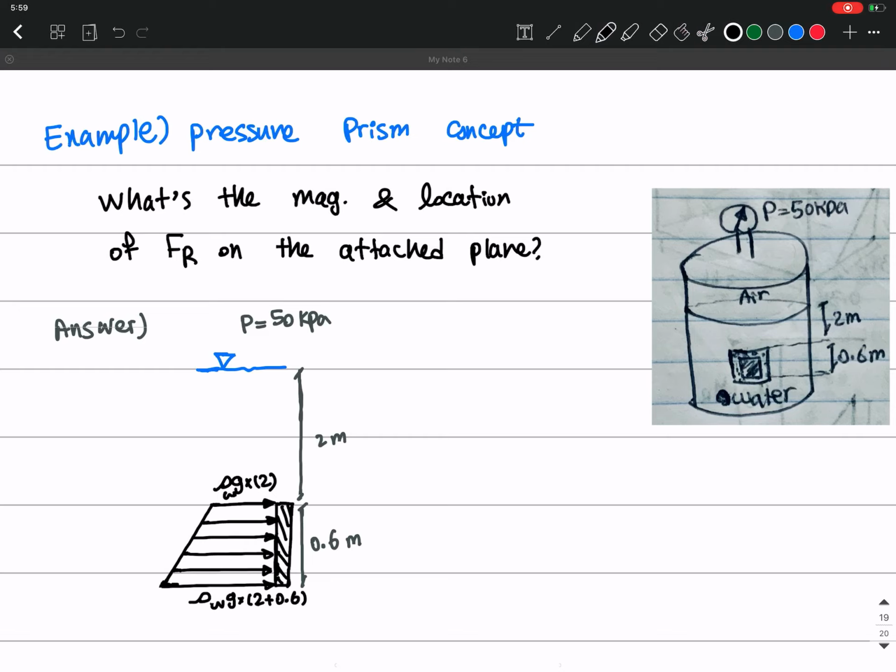So the prism concept states that we can decompose this total force into two forces. One, we can say it has a triangle like this. So this is the triangle, plus we can superpose it with a rectangle.